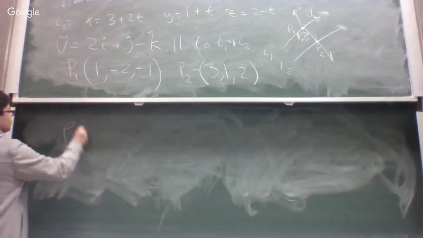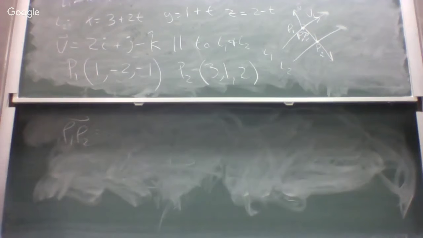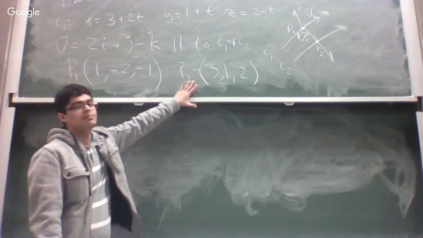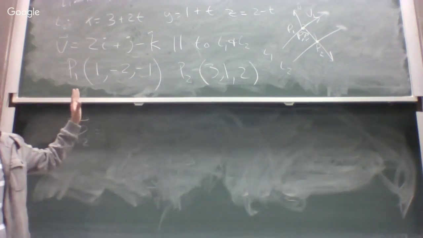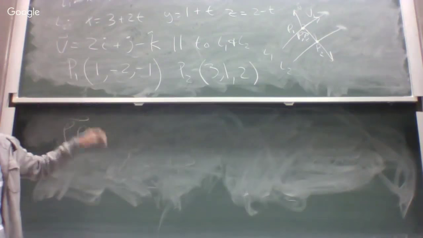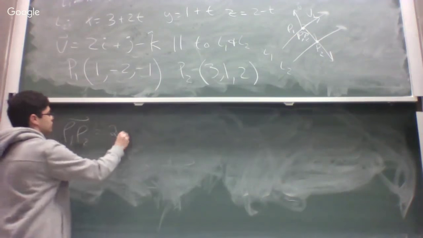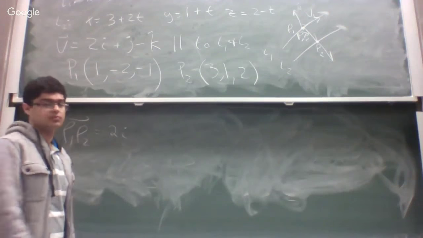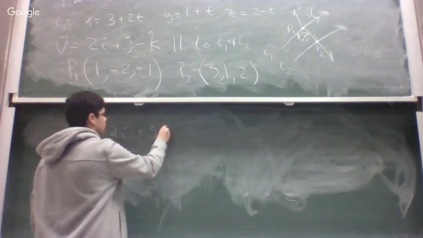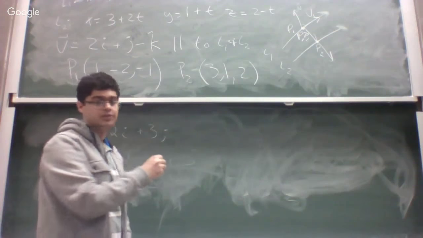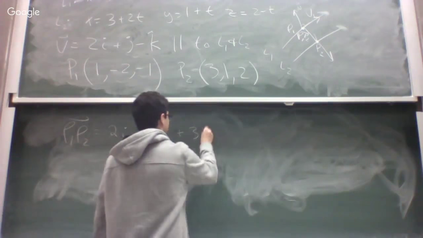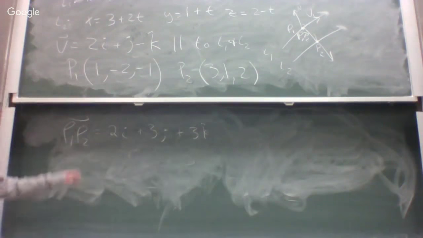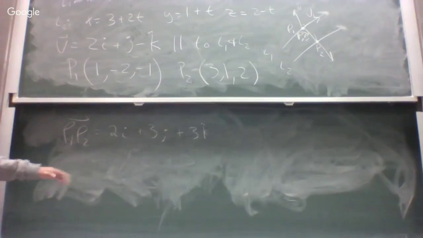So P1, P2 is what? Remember, P2 minus P1. Okay? You could have done P2 to P1, but then you had to find the right vector for that.